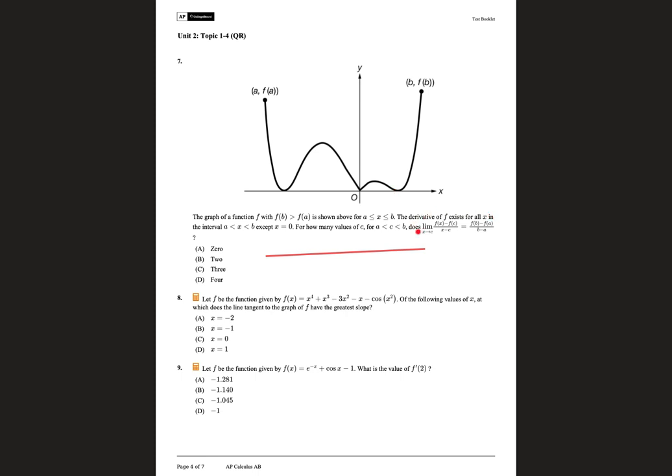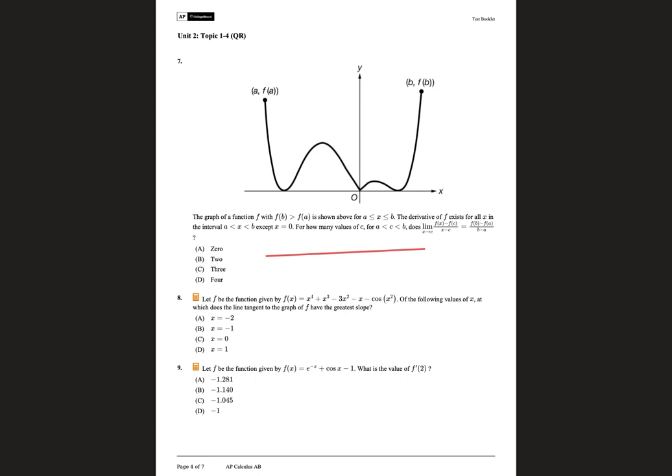So this whole problem is just saying they want to find out for how many values of c the slope of the tangent line is equal to the slope of the secant line joining the endpoints. That's all this whole problem is saying.